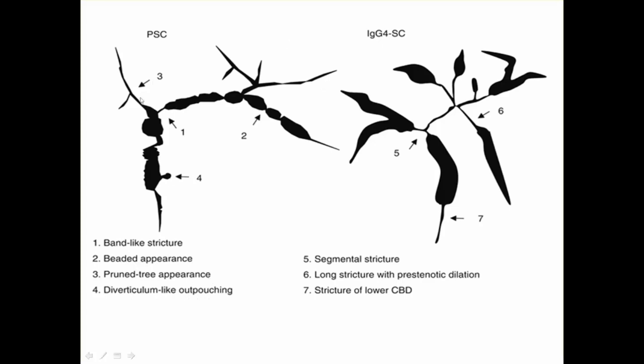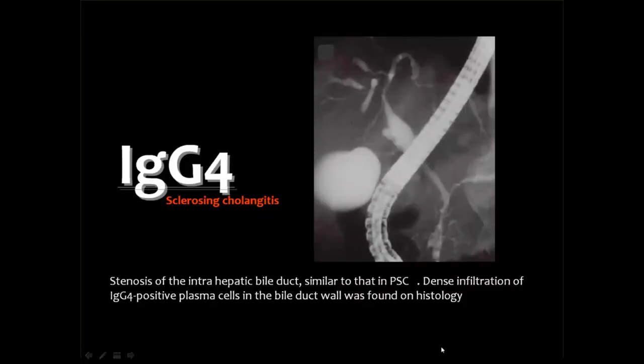These are the features of primary sclerosing cholangitis. But in IgG4, you get long strictures and pre-stenotic dilatation, as you can see in the distal part of the common bile duct, one of the features of this disease. And also you get long continuous types of strictures.